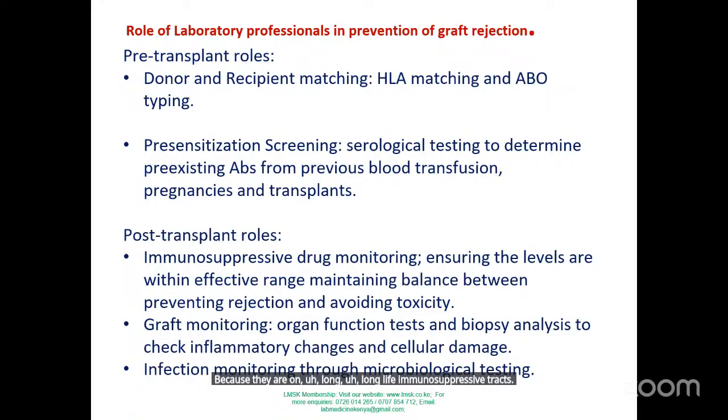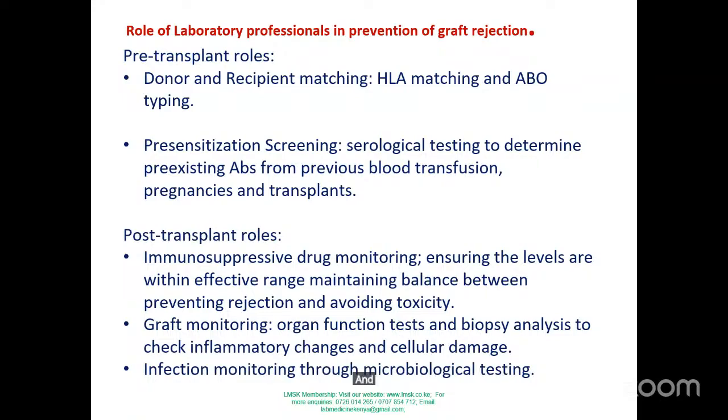The immunosuppressive drugs are there to allow them to live with the new graft, and at the same time avoid the immune reaction to the newly planted graft. So while doing this, remember, they are not able to fight these other infections, and so therefore they are predisposed. So the doctors will keep on checking whether these patients are suffering from these particular opportunistic infections.